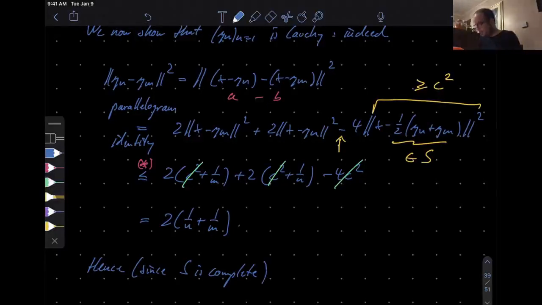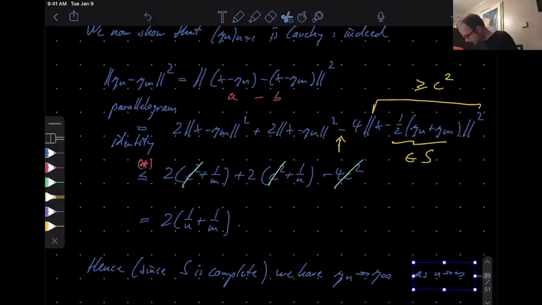Since S is complete, we have yn goes to a limit as n goes to infinity. And that limit is of course important, because S is closed, it lies in the space. You're not falling out. This is in S. Okay, good.